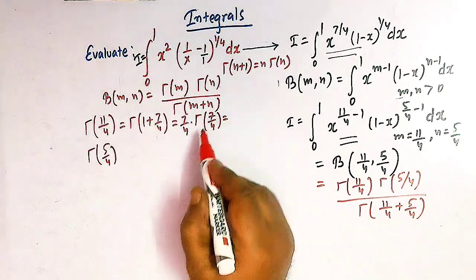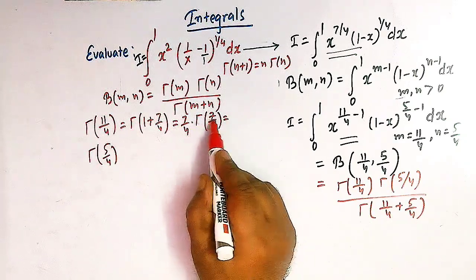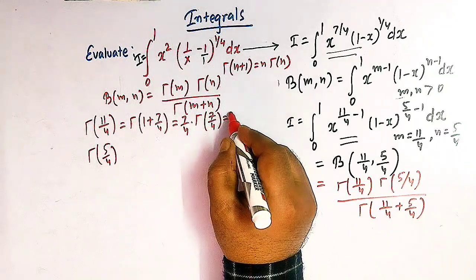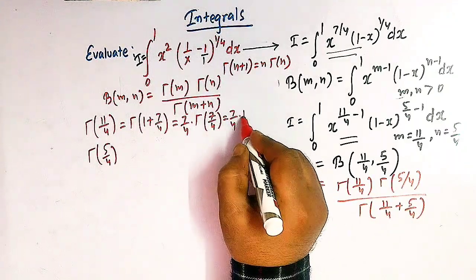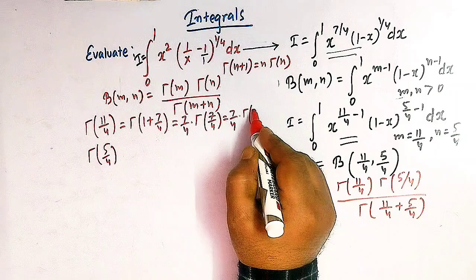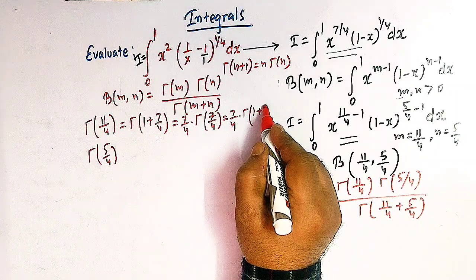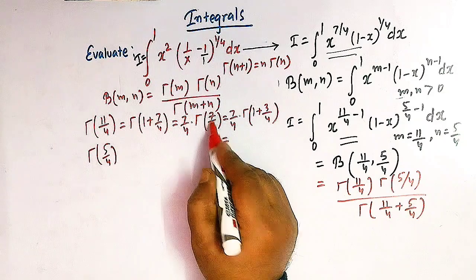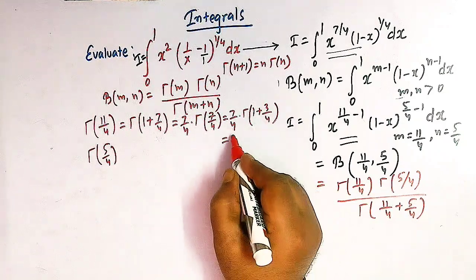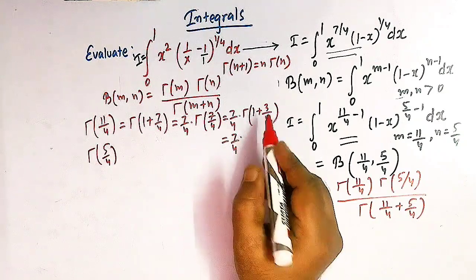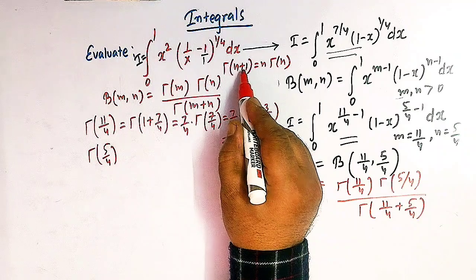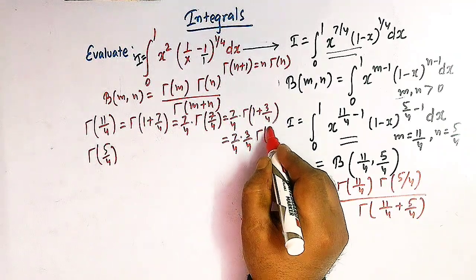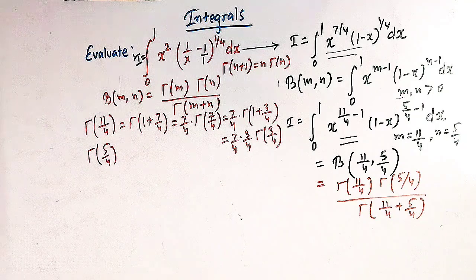So now let us express gamma of 7 by 4 again with the help of this relation. So we have 7 by 4, we have gamma of 1 plus, here we can write 3 by 4, right? So 7 by 4 is 1 plus 3 by 4. So we have 7 by 4, and then again applying this result, we have 3 by 4, then gamma of 3 by 4, right?